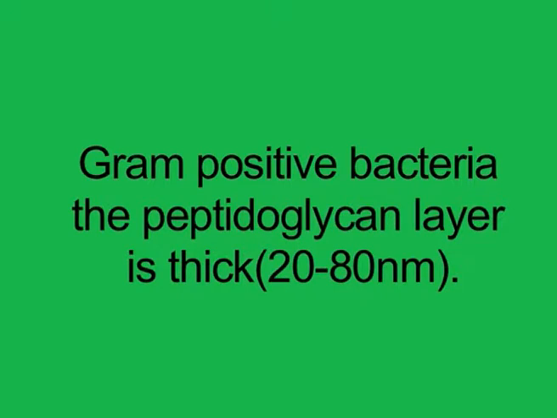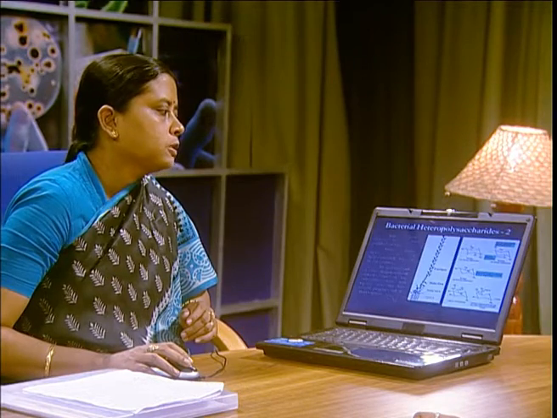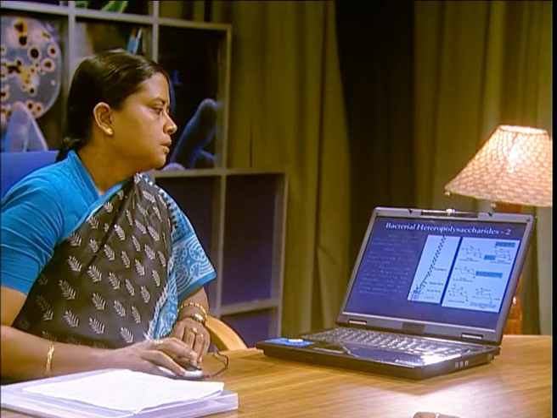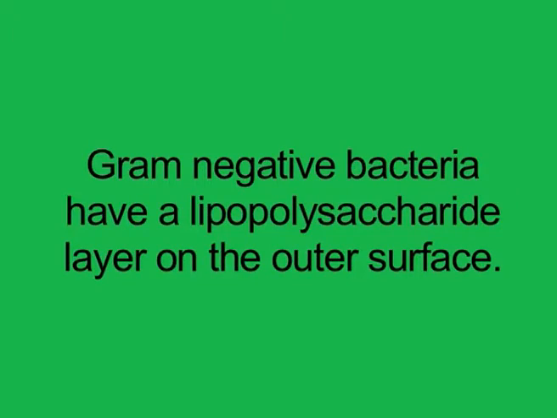In gram positive bacteria, the peptidoglycan layer is thick, and in gram negative bacteria it is quite thin by comparison. But gram negative bacteria have a lipopolysaccharide layer apart from the thin peptidoglycan.